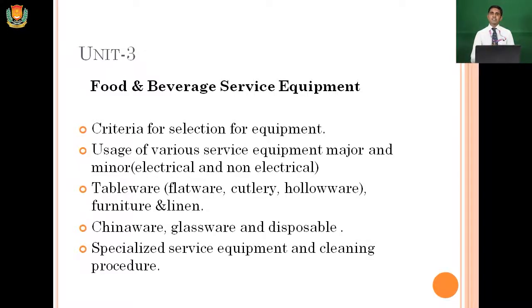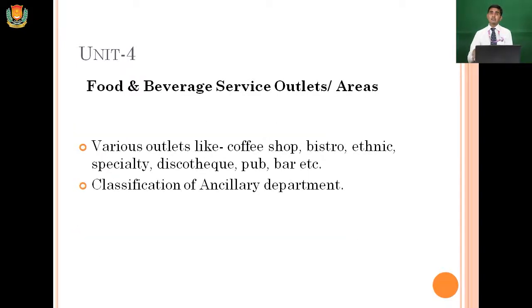In unit 4, basically I'm going to tell you food and beverage service outlets. Now we should know which type of outlet are there in food and beverage service department. So for example, coffee shop, bistro, authentic. Then we have ethnic, the specialty.